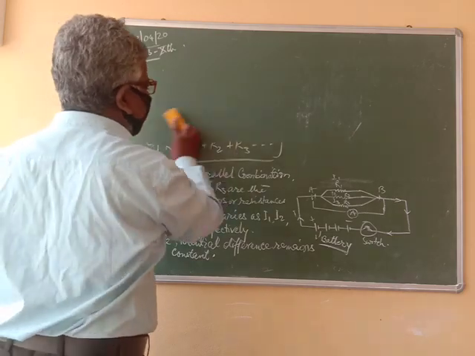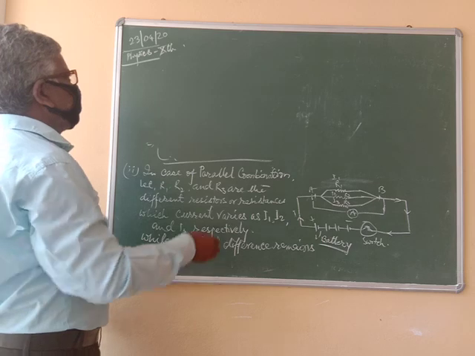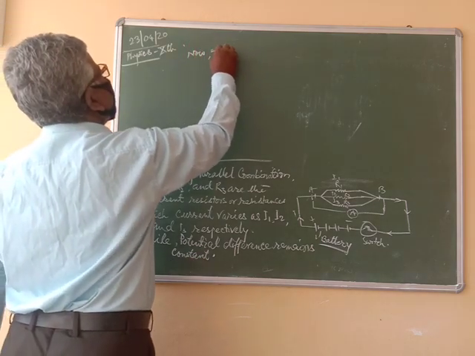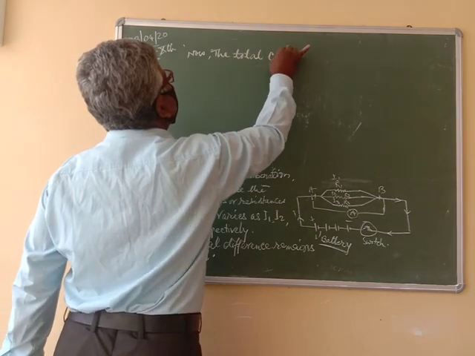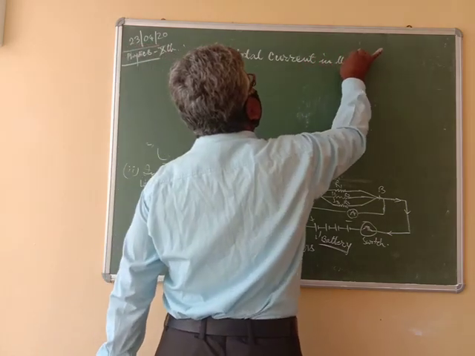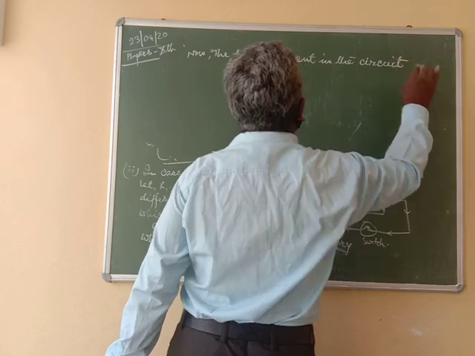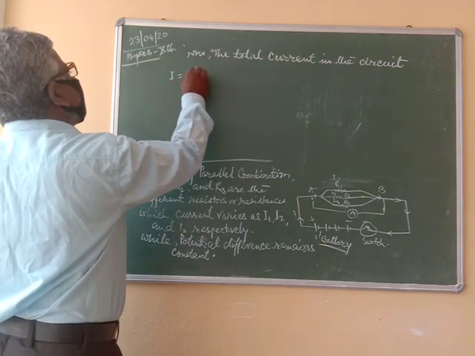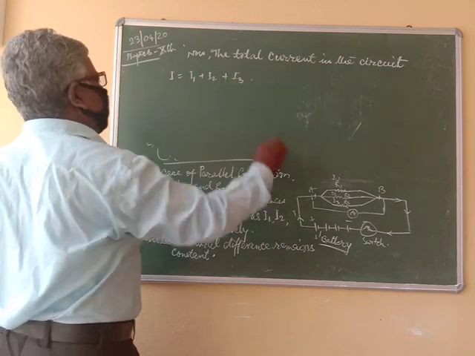The total current in the circuit I is equal to I1 plus I2 plus I3.